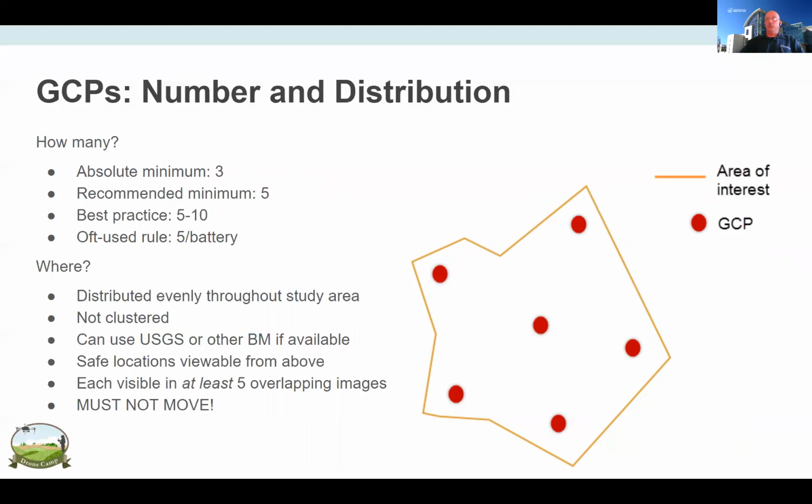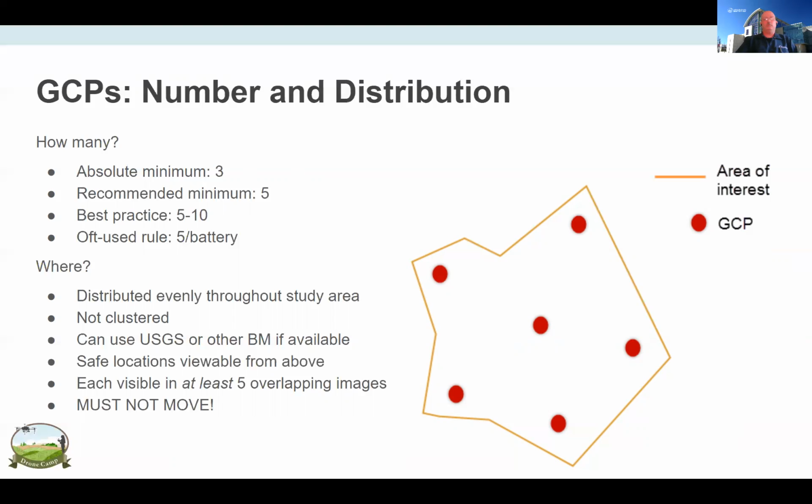They can't move, obviously, during your survey. And in terms of placing them over a USGS or other benchmark, that's a great thing to do, because you know with high confidence the position of that if you're able to get the coordinates for that benchmark. The fact is, though, that in any given drone mapping study area, there may be one or possibly none, no USGS benchmarks.